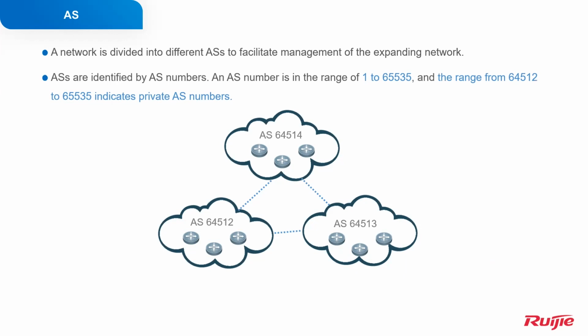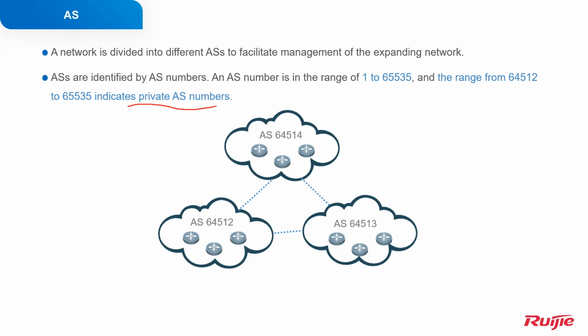Pay attention, we also have private AS numbers, like private IP addresses. Private AS numbers mean different organizations can use the same AS number. But if you want to send your routing information out to other ranges, you cannot use a private AS.